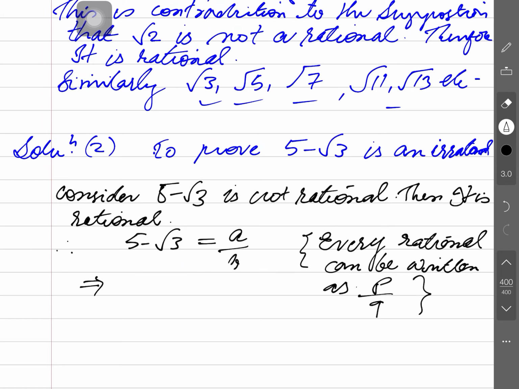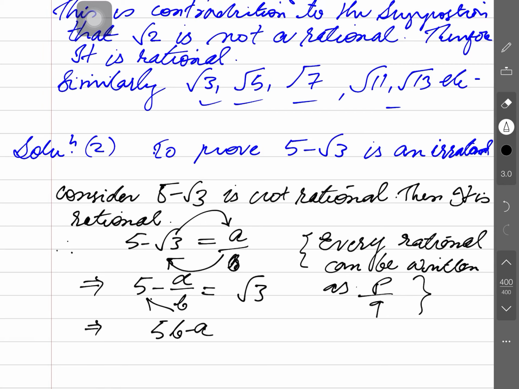So it can be written as 5 minus a by b is equal to root 3. This root 3 is transferred to the right and this whole expression is transferred to the left. Further, taking LCM, it is 5b minus a over b.